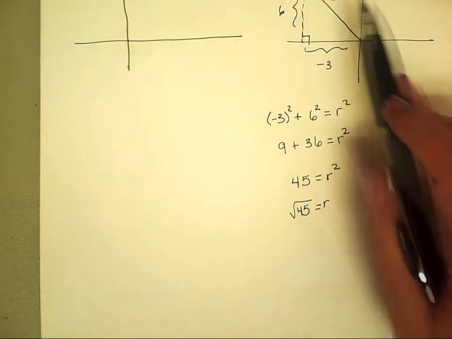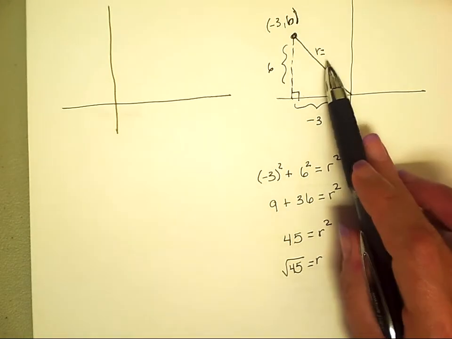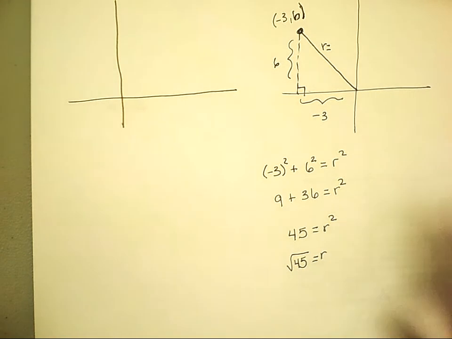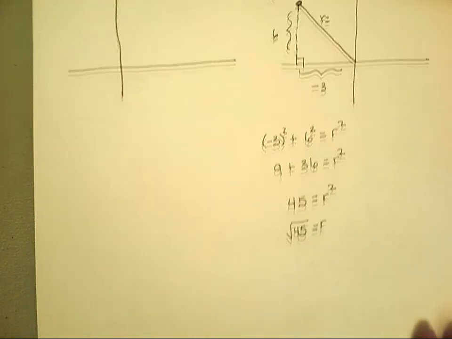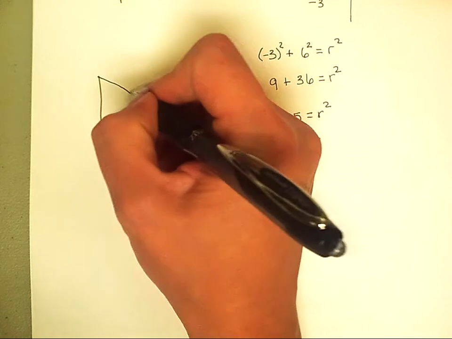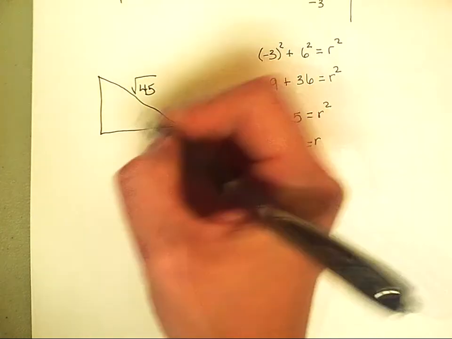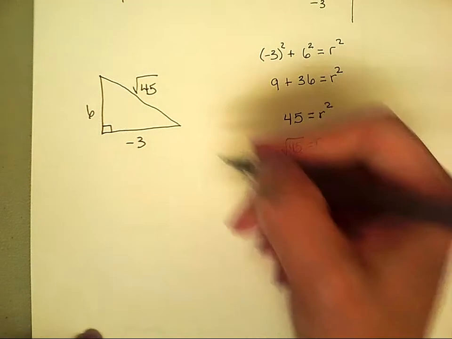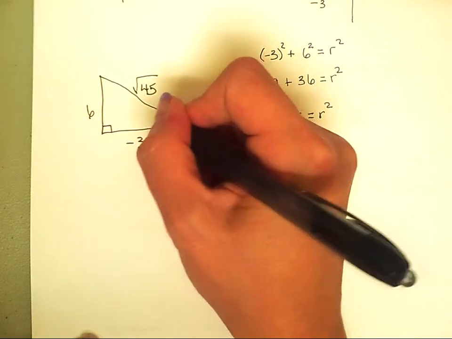We'll take the positive because the radius is always positive. And we could simplify this radical, but we won't have to. So let's just do what we have. Let me redraw this so we can see it. Now this is the square root of 45, this is -3, and this is 6. Here's our angle.